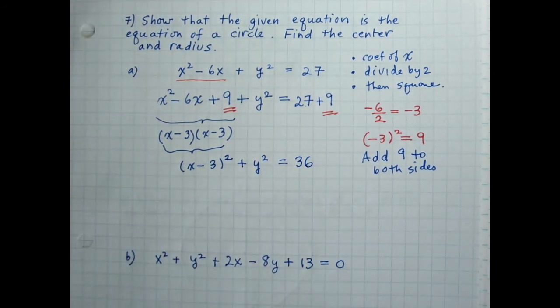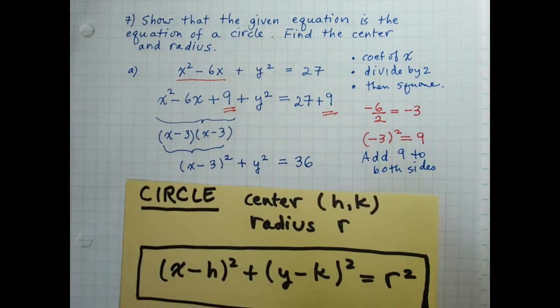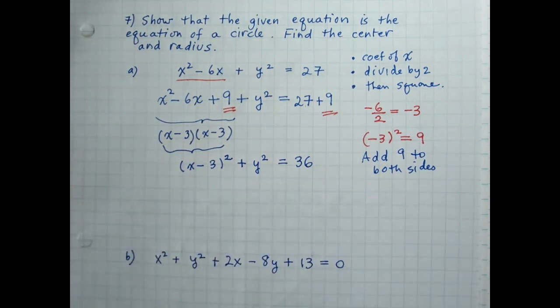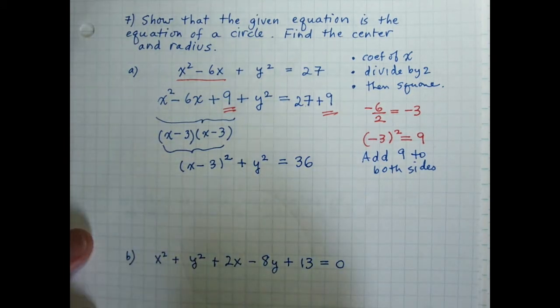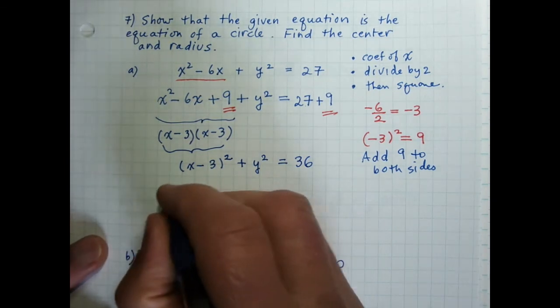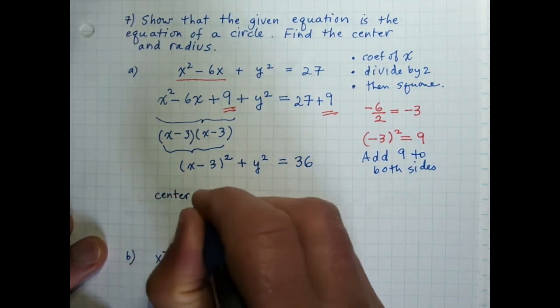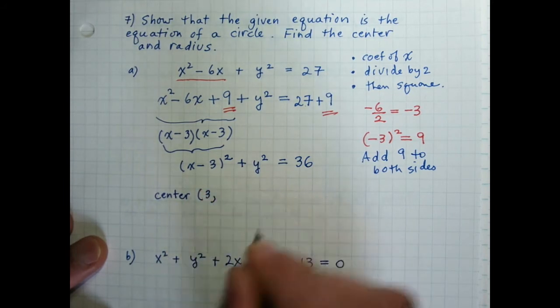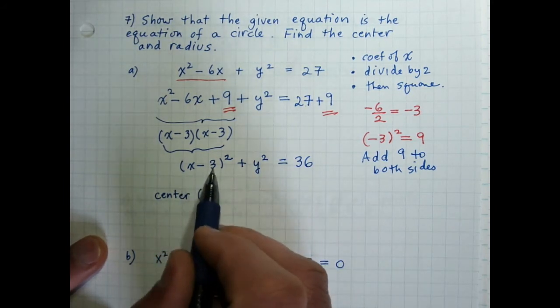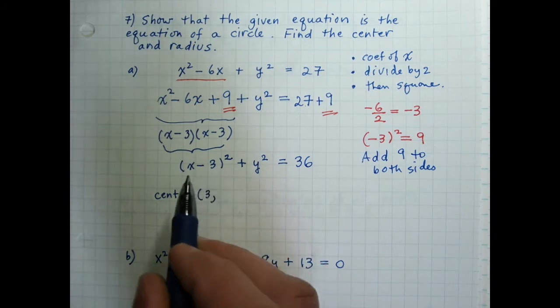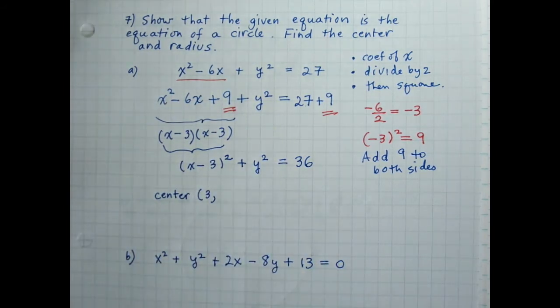It's actually in the standard form where I can read off the coordinates of the center and the radius. The center is going to have x coordinate 3 because I have that (x minus h) squared. Now notice I have y squared by itself.